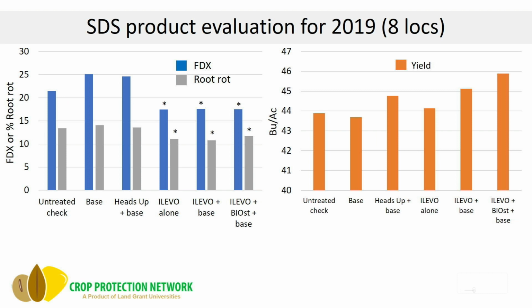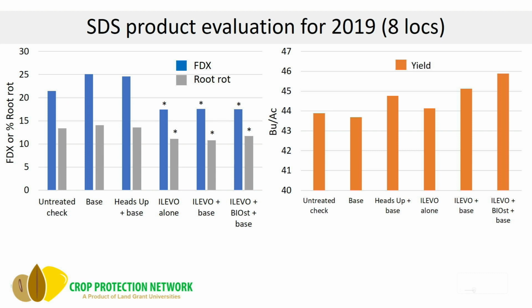So I had another graduate student who was looking at the importance of the role of root rot when it comes to the effects of SDS and on yield loss. And what we found was that root rot is a significant player as far as affecting the yield. And so in our product evaluation in 2019, we started incorporating the amount of root rot and how products affected that phase of the disease as well.